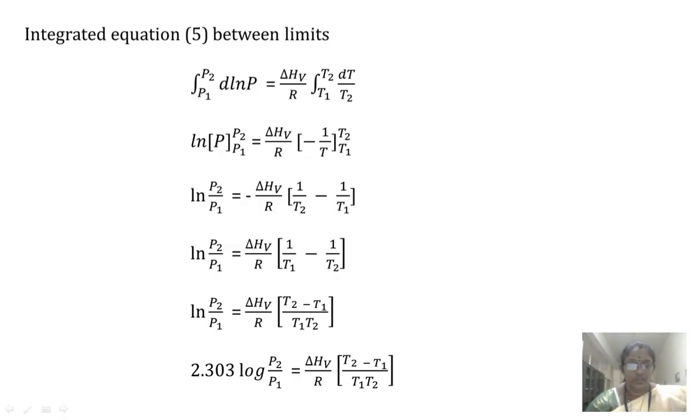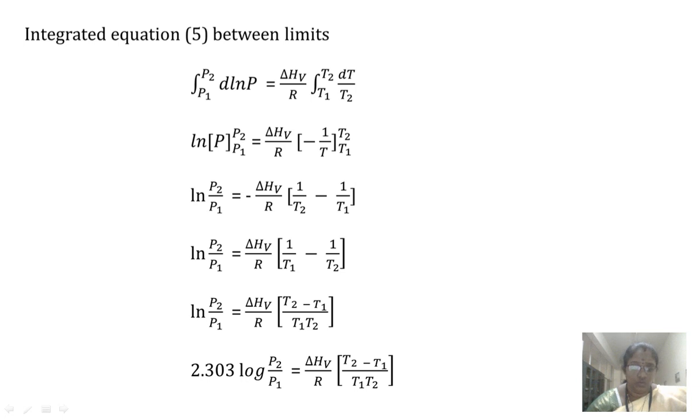So this can be written as ln P2 minus ln P1, that is ln P2 by P1, is equal to minus del Hv by R (1 by T2 minus 1 by T1), because we have taken minus as common factor. If we multiply this inside the square bracket, we will get del Hv by R into (1 by T1 minus 1 by T2). Taking LCM, we will get (T2 minus T1) by T1 into T2 in the above equation.